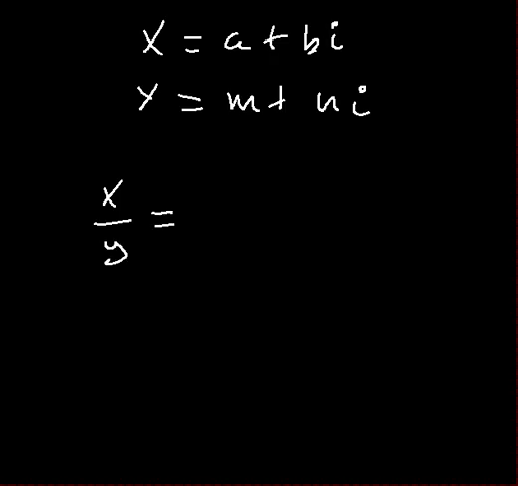This is the same as x divided by y times the conjugate of the denominator, which is given as y bar over y bar. So that's how we use the conjugate in the division of complex numbers.